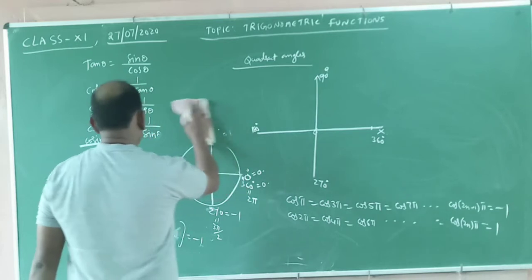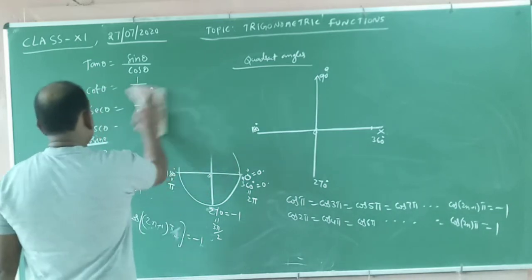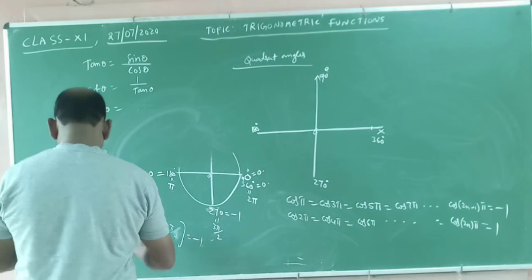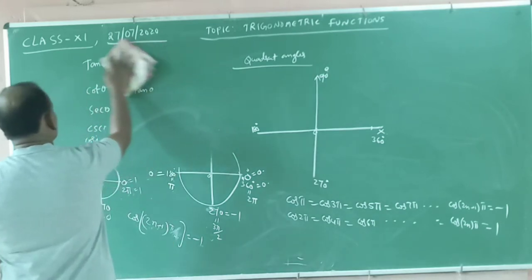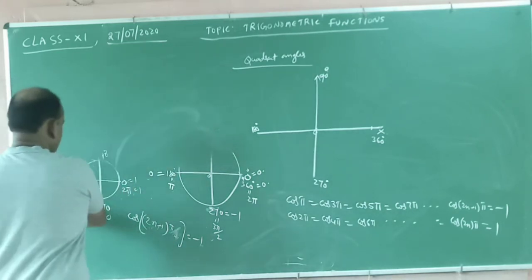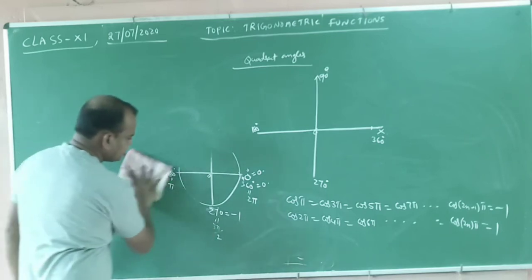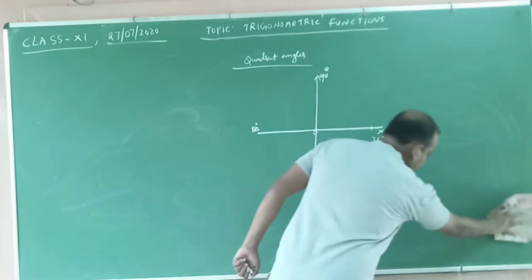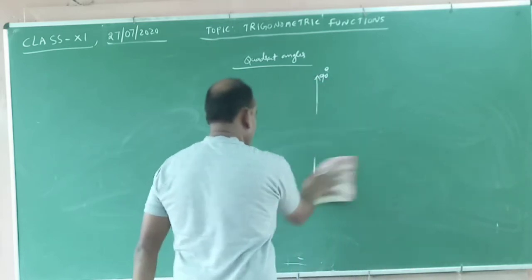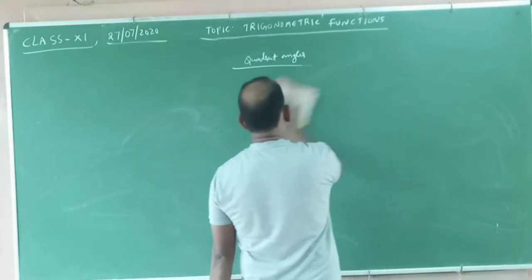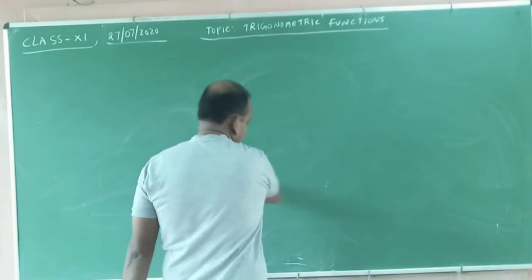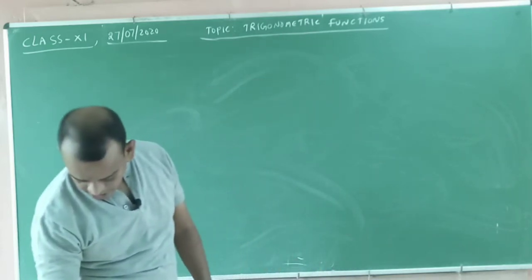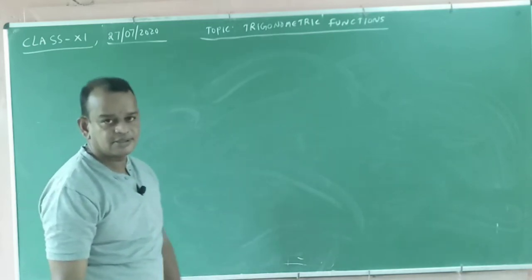Now we can find some more important formulas by using the super hexagon. Hexa means how many vertices? Six vertices. By using the hexagon, we will write the formulas.